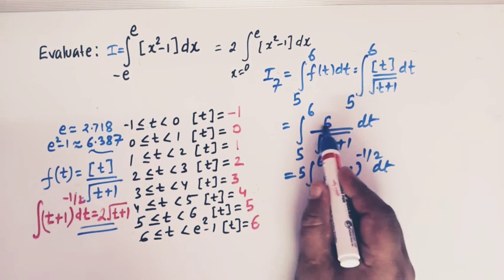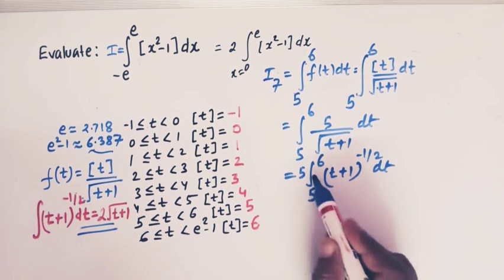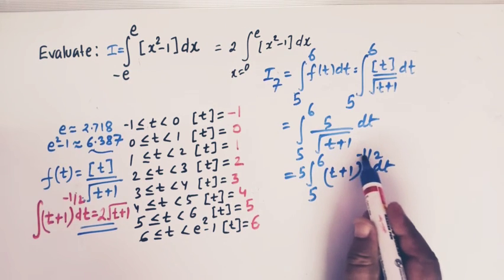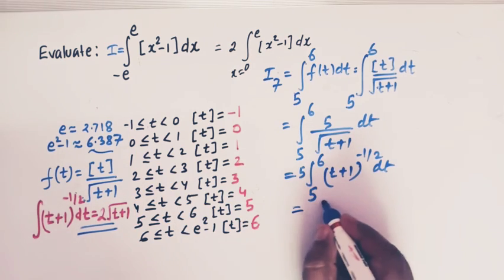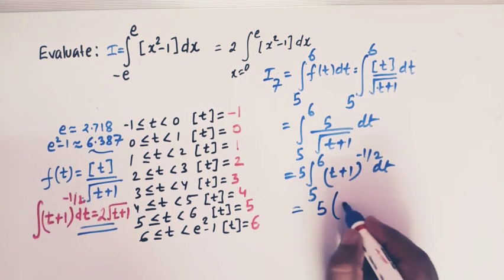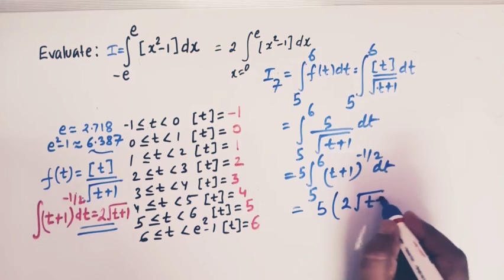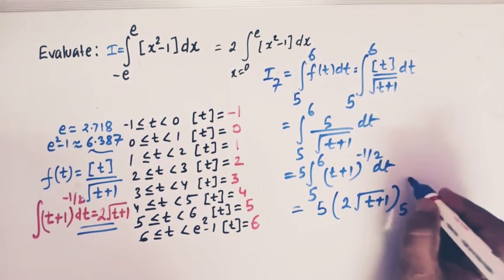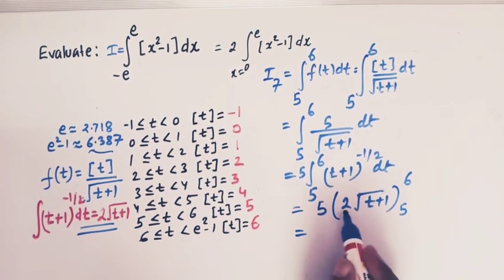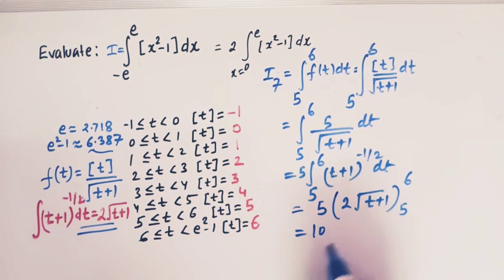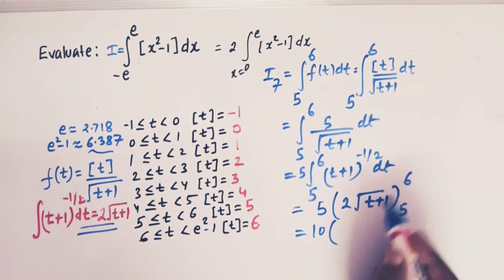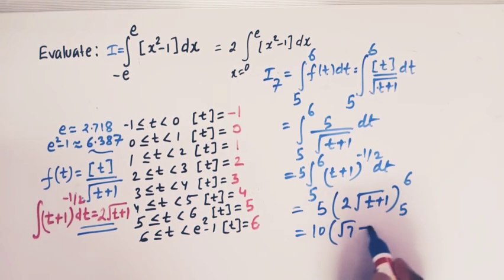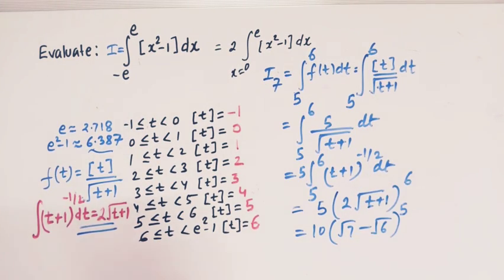So now taking 5 outside, we'll have the integral from 5 to 6 of (t plus 1) raised to minus half dt, and again using this result, here we'll have 5 times 2 times square root of t plus 1, and the limits are from 5 to 6, and taking this 2 outside, here we'll have 10, and substituting the value of t, that is 6, so 6 plus 1 is 7, and here 5 plus 1 is 6, so here we'll have square root of 6, right?